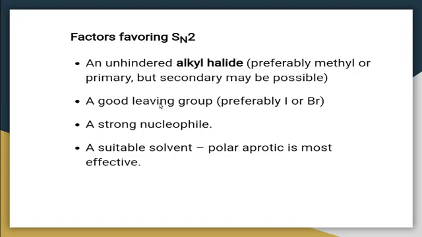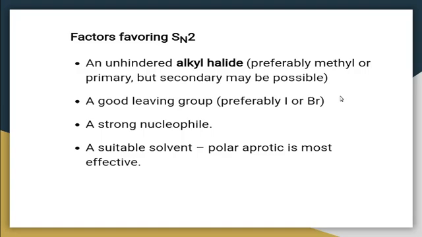Then another factor favoring SN2 reaction is a good leaving group, preferably I minus or Br minus. A good leaving group is I minus, because in the relative basicity order for halide ions, I minus has lower basicity compared to bromide ion, then chloride ion, then fluoride ion.